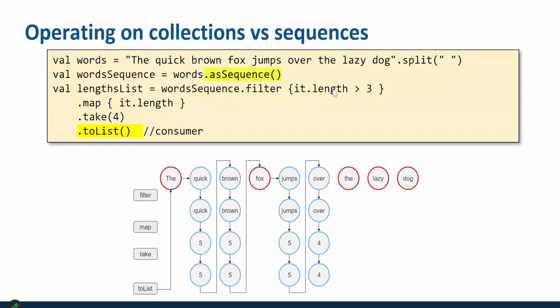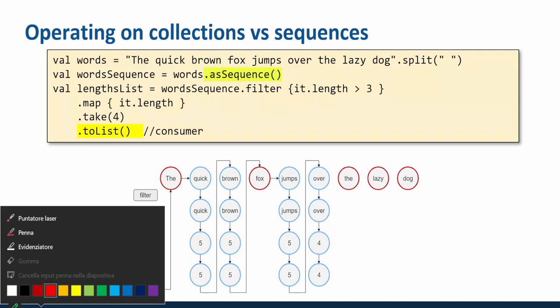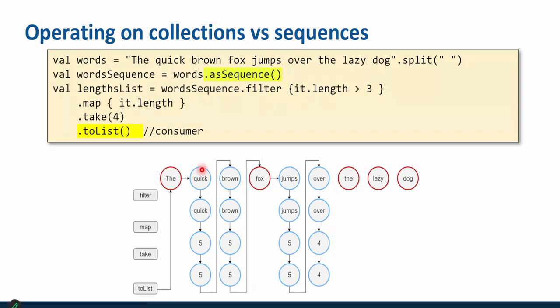So you go to the top, but it will not execute all the methods at one time, because as the first filter stops, it will not proceed into the execution vertically here. Okay, you reach the quick, which has more than 3 letters, then the other methods will be called again and again.